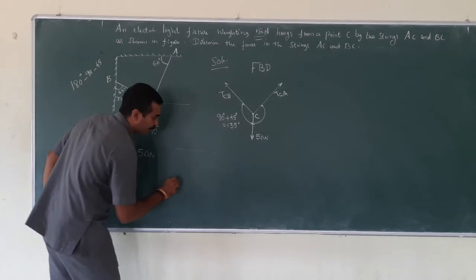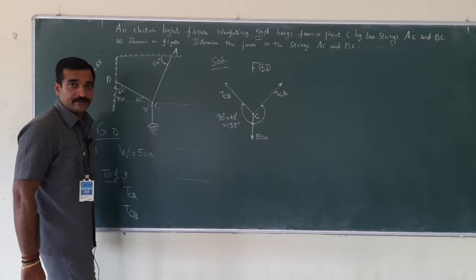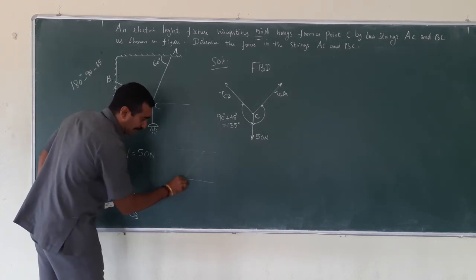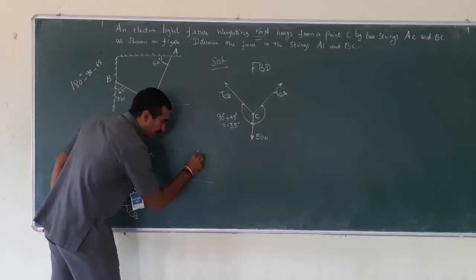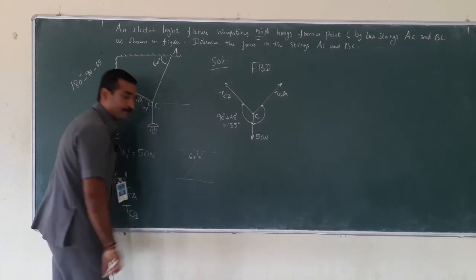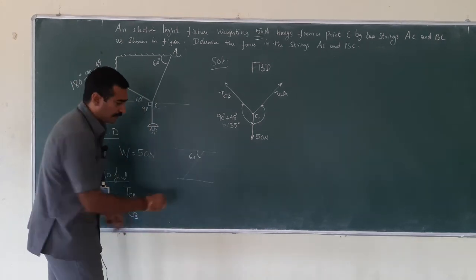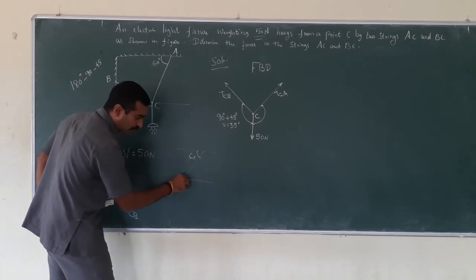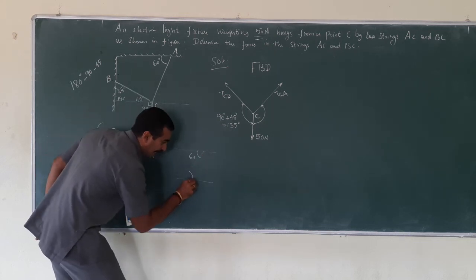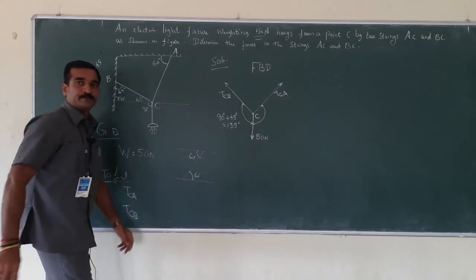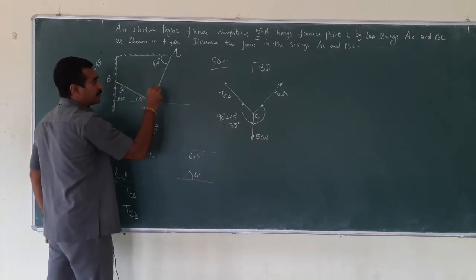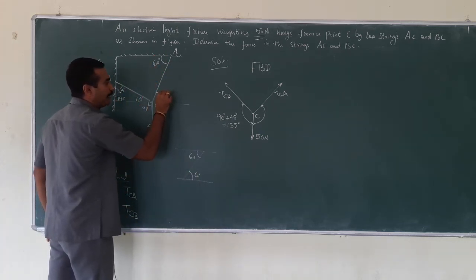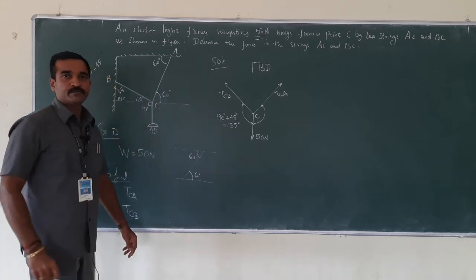For example, if I draw a parallel line and draw an inclined line in this manner, if this is 60 degree, the angle with the horizontal is also 60 degree. Therefore, here it is 60 degree, therefore this should be 60 degree.